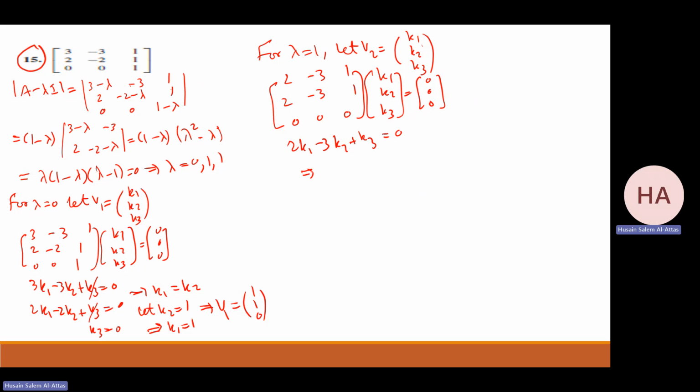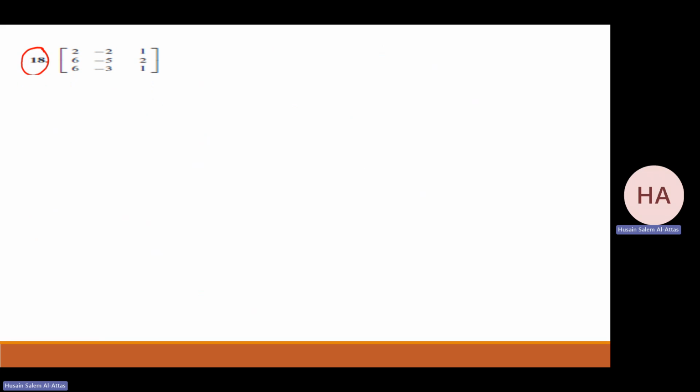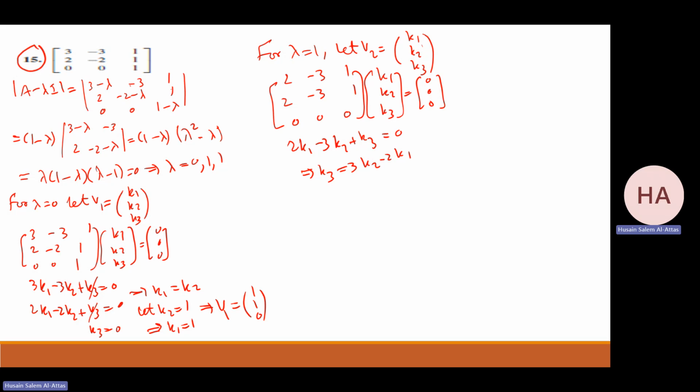So it means K3 equals 3K2 minus 2K1. So K1 and K2 are free variables. So I let K1 be 1 and K2 be 0, and K1 equal 0 and K2 equal 1.